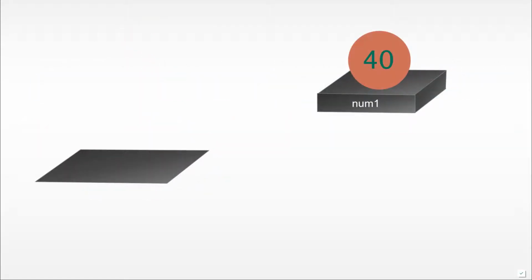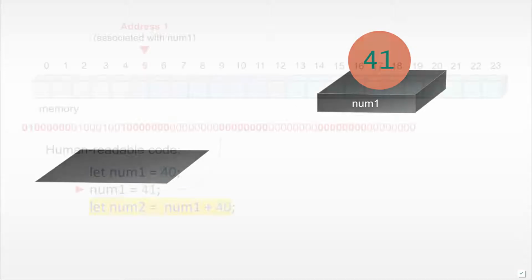How can we represent this visually using our balls and shelves metaphors? Well, this would be the same as generating a number 41 and then placing it at the same location over the previous value 40 at the num1 shelf. So notice the previous value at num1 has been removed. It has been replaced by the new value. There is no way of getting it back anymore.